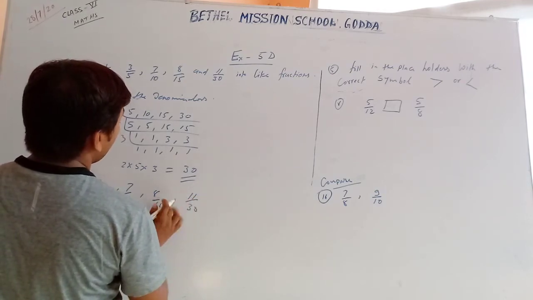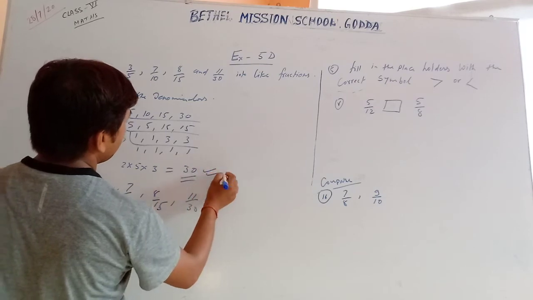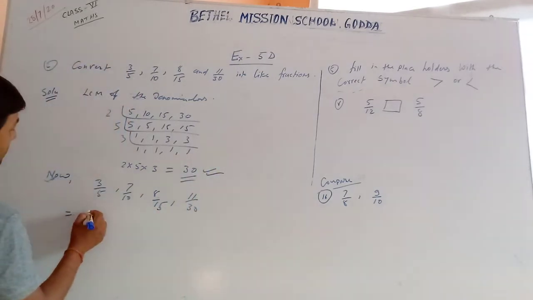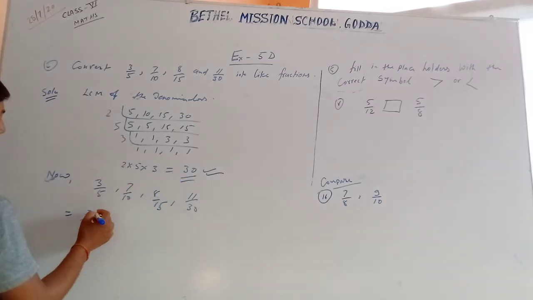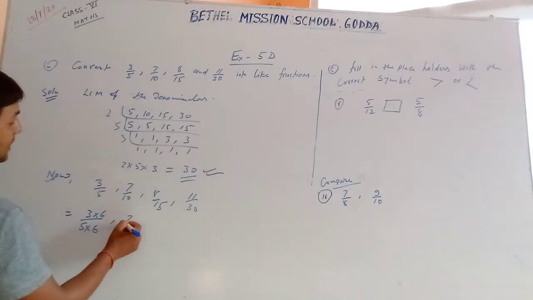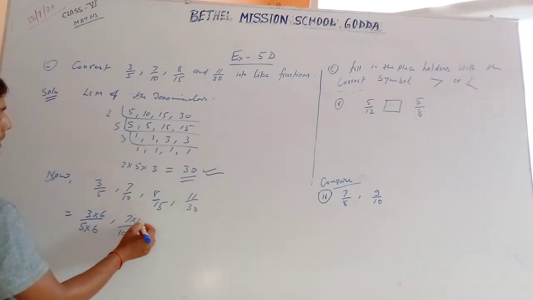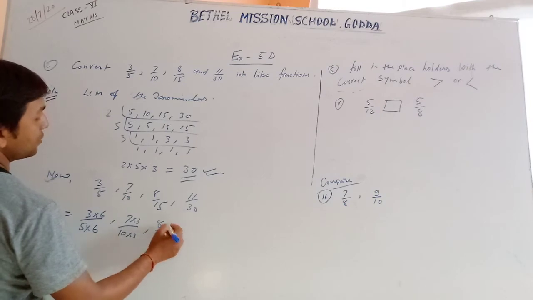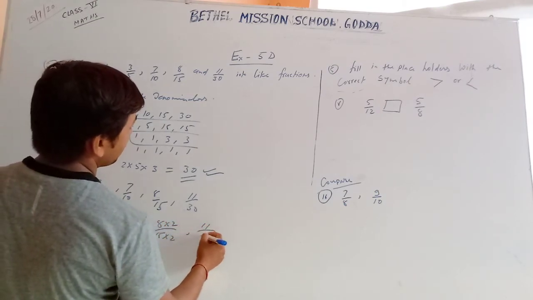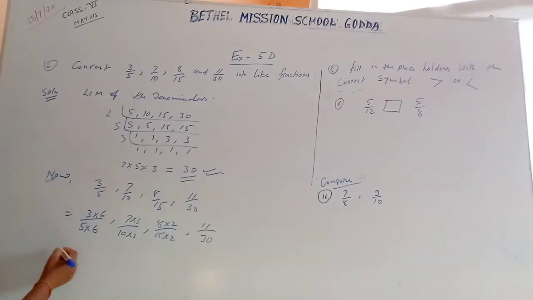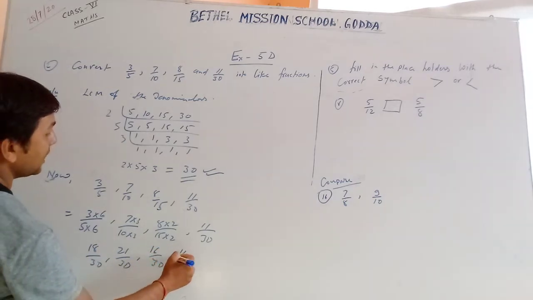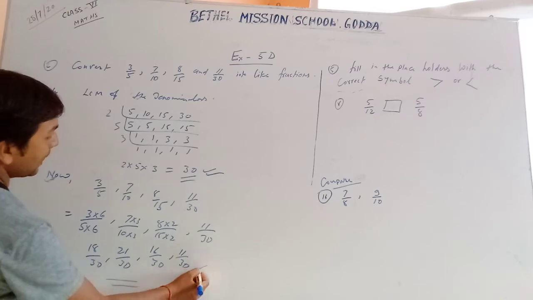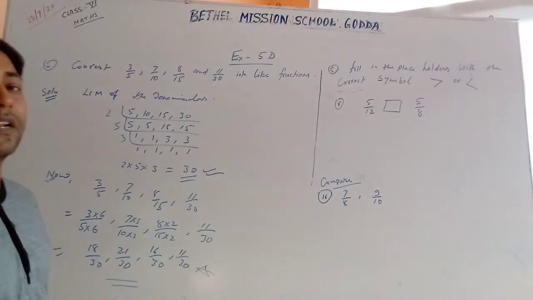Change all the denominators into 30. 5 multiplied by 6 gives 30. 10 multiplied by 3 gives 30. 15 multiplied by 2 gives 30. The last one is the same. Now 18 upon 30, 21 upon 30, 16 upon 30, 11 upon 30. This is the answer. These are the like fractions.